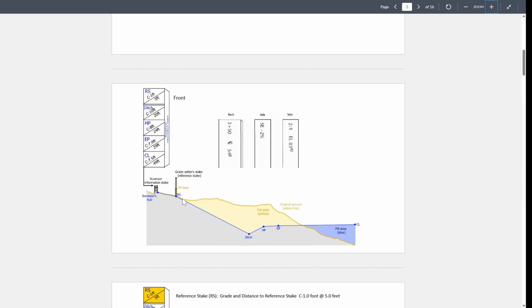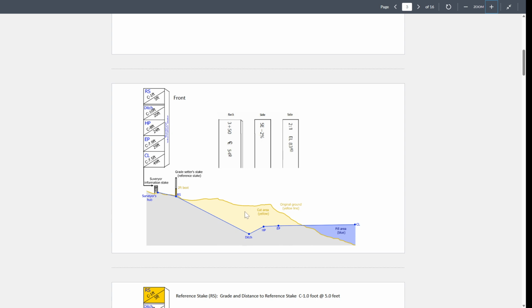Following so far? You're going to go down, not literally here, and set a stake here. Here would be your existing grade, so there'll be a stake right here for the ditch, and it'll say cut whatever it takes to equal this.